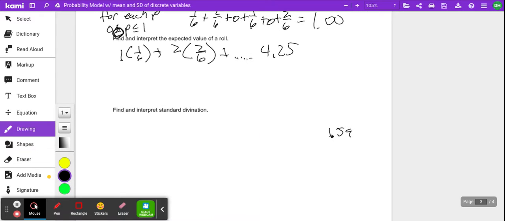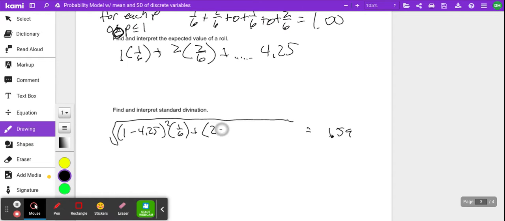And then for the standard deviation, get yourself a nice big fat square root symbol. And we're going to do the first number, 1 minus the mean from the previous step, and then times its probability, and then plus 2 minus 4.25 times 2/6, plus dot dot dot, inside of the square root.